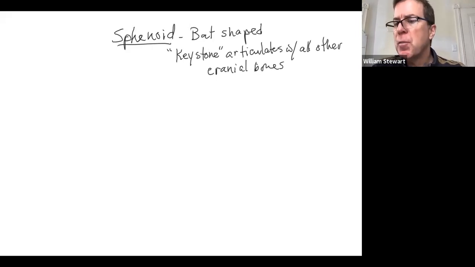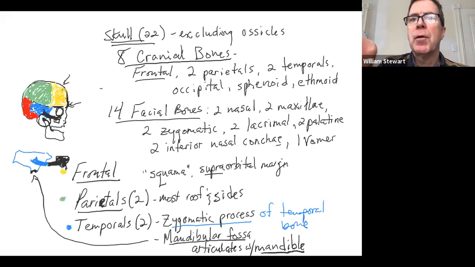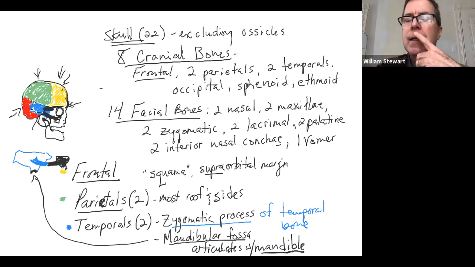So if all of these bones, I can't draw a three-dimensional picture, unfortunately, but if all of these cranial bones that I've been drawing here, here, here, in the middle of the skull, right in here, they all somehow articulate with this sphenoid bone. You can't really see it from the side of the head. You can just see a little tiny piece of it. If you looked at it from the top, it would look something like this.